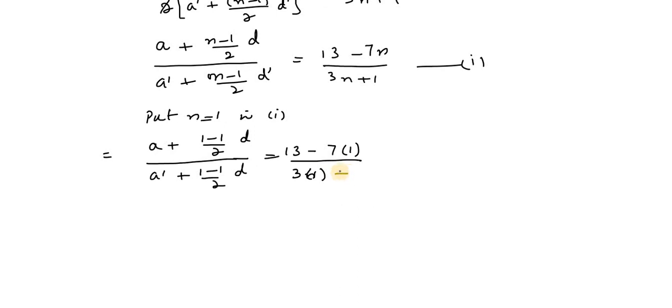So a plus 0 upon a dash plus 0 is equal to 13 minus 7, which is 6, and 3 plus 1 is 4. So here a upon a dash is equal to 3 upon 2. So this is the ratio of their first term.